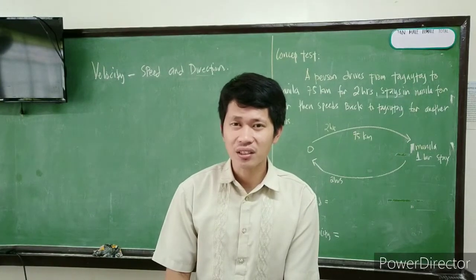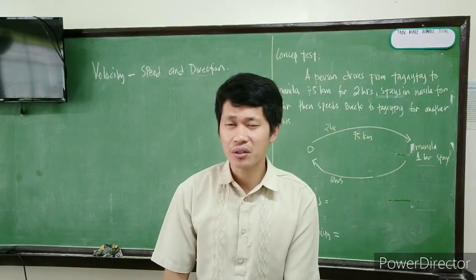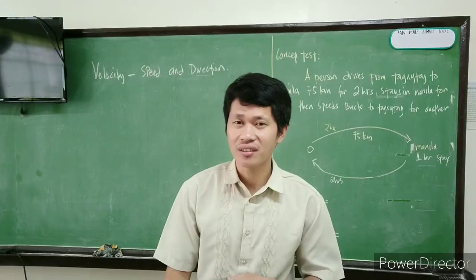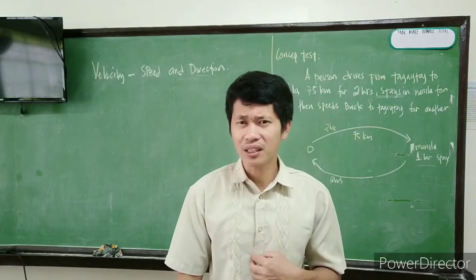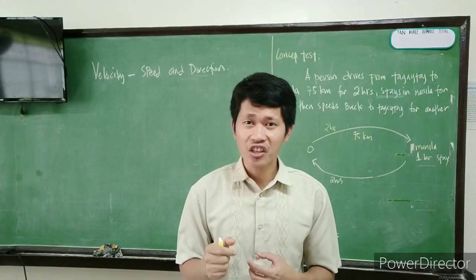Speed, wala siyang direction, scalar yun, while velocity has a direction, so ang tawag doon is vector, a mathematical object with direction. So constant speed pero changing yung velocity, pwede yun, provided that the car is changing its direction.